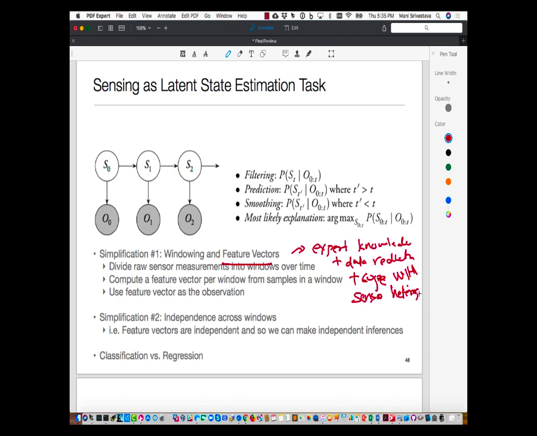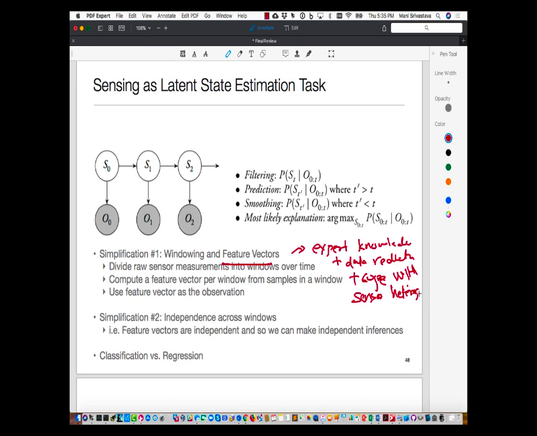A second assumption we make, in a very common scenario, is that windows are independent. So we make an independent assessment using the feature vectors during that time window. There are obviously schemes where you can take history into account, but this is very common. I'm just going to look at the current part.